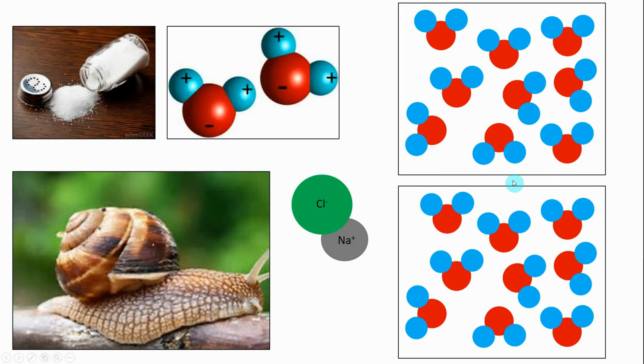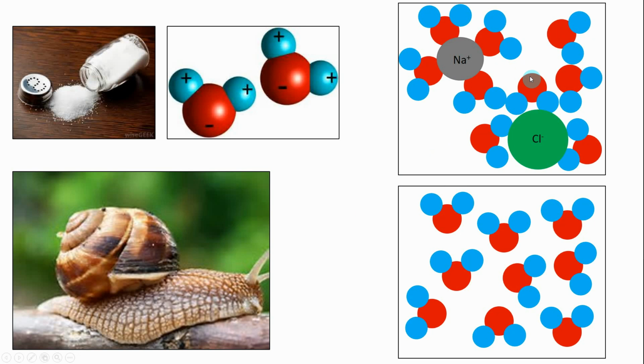So remember, water is a solvent, and things dissolve in it. So here's my NaCl, here's my salt. I'm going to put my NaCl onto my snail, so it's going to go into this box over here.